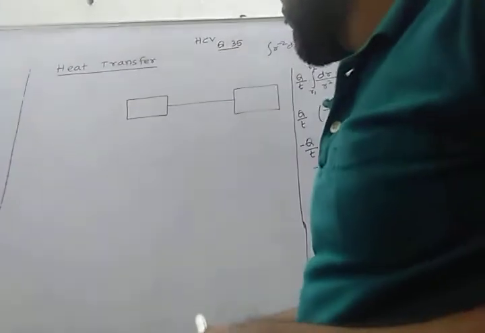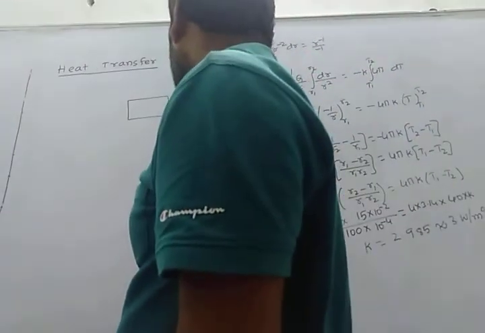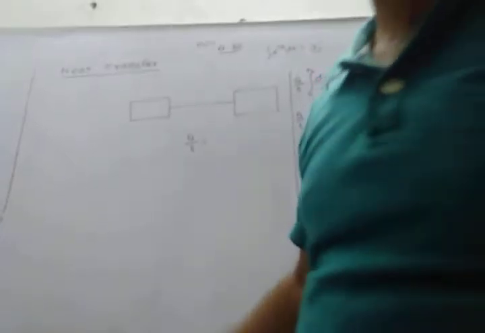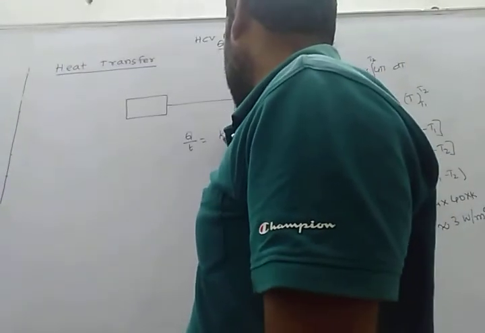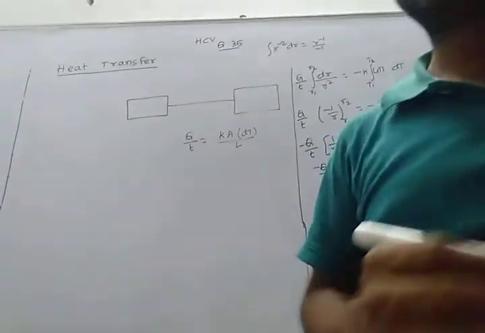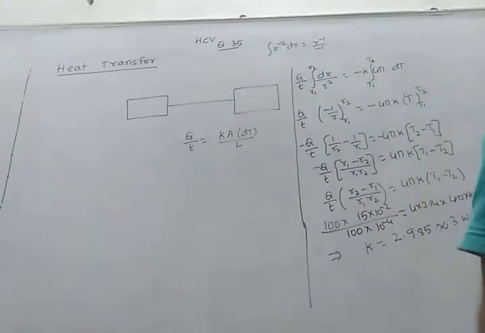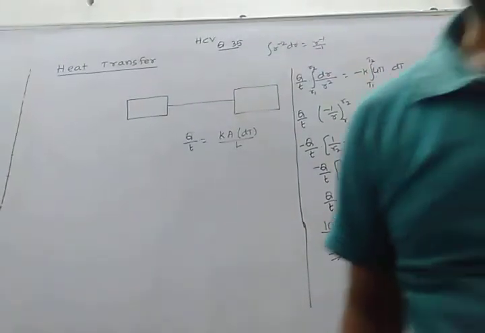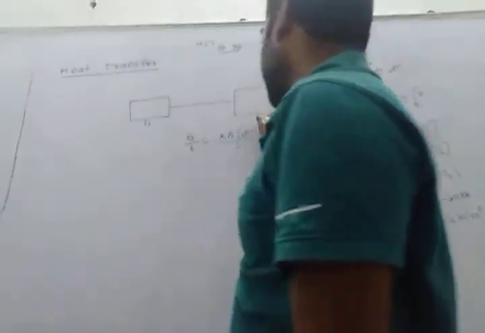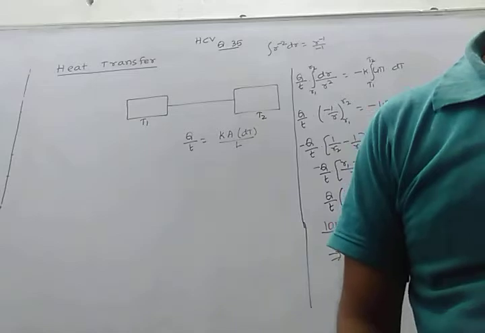Initially I can write the rate of heat flow, q by t, as Ka times dt by L, where dt is the change in temperature, such that the first container is maintained at T1 and the second container is maintained at a temperature T2.